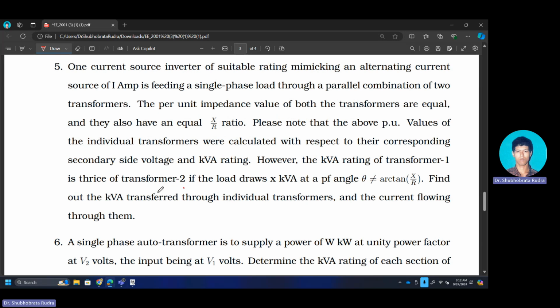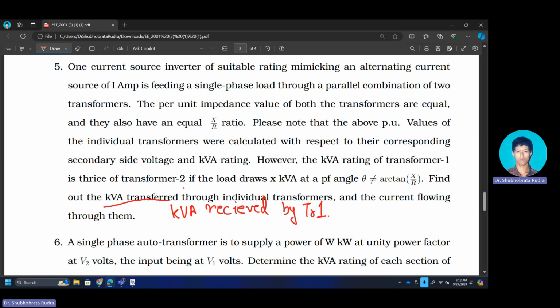What it says is the KVA transferred. It doesn't say that you have to figure out the KVA received by transformer 1 and transformer 2, which would make our task very difficult.